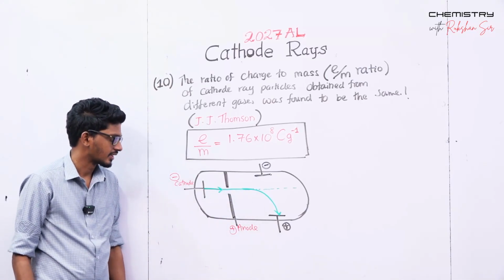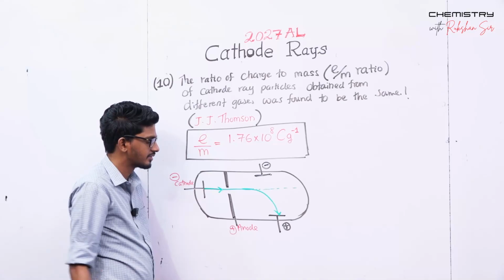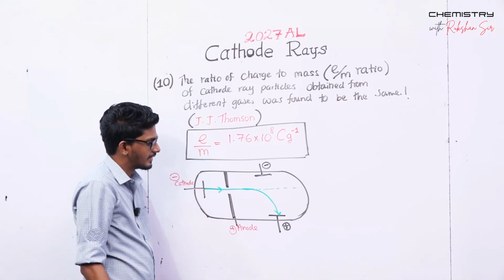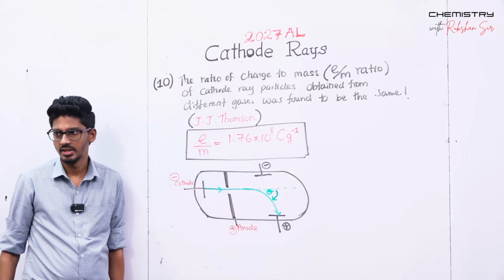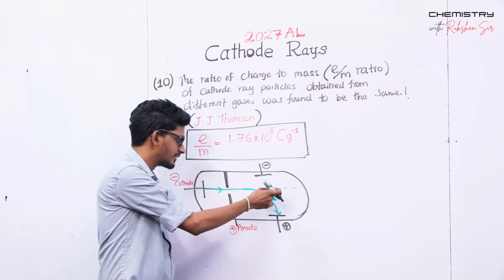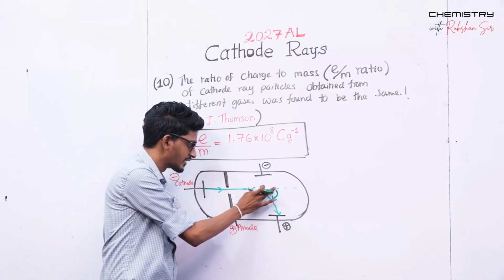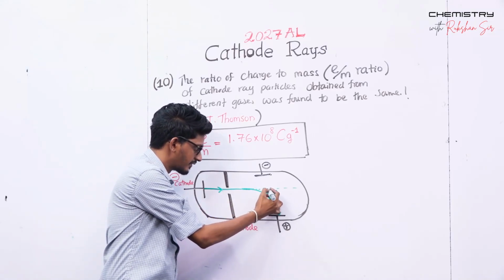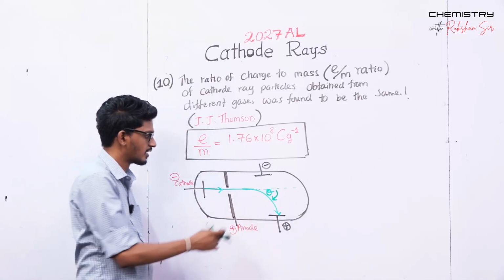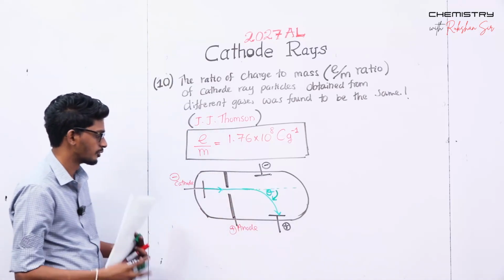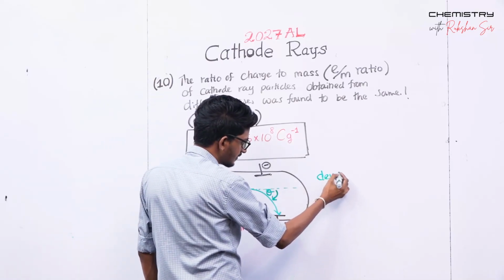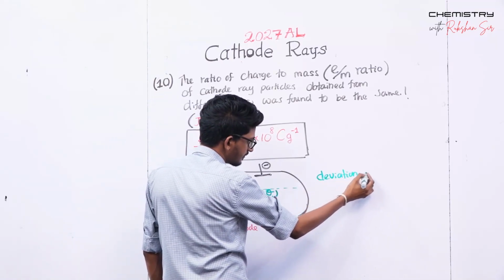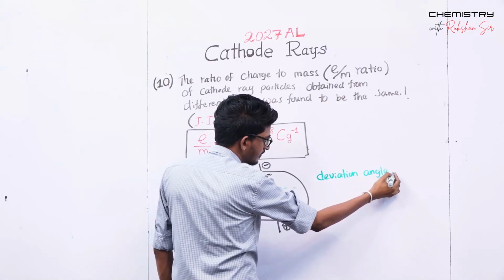Thomson carried out the experiment like this and took the deviation angle here. I put it as theta. Theta is the deviation angle, that is the angle of deviation from the original pathway of the cathode rays. Deviation angle theta.